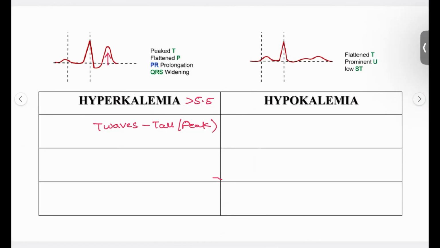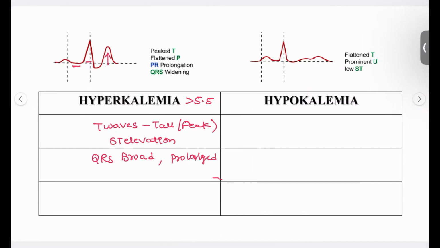This is the first finding, and it will also show ST elevation. The tall T waves are commonly present. Also here you can see the broad QRS complex, and the prolonged PR interval. Here it is more than 120 milliseconds.